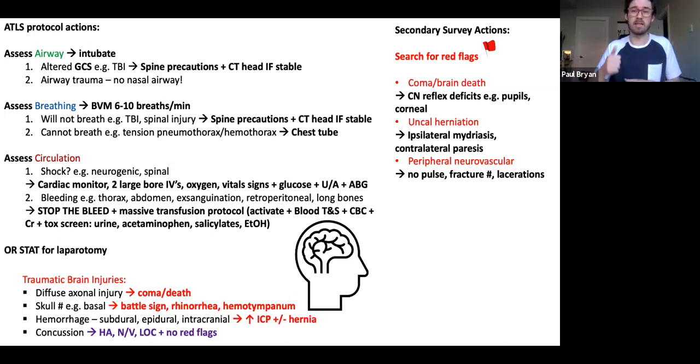All you've recognized so far is how their breathing is doing, how their airway is doing, how their circulation is doing, but you haven't asked yourself, I wonder if this person is in a coma or brain dead, right? Those are the things you should be thinking about in the secondary survey. And the different options you can put down are the buzzwords that should make you think of uncal herniation or coma and brain death to make that diagnosis.